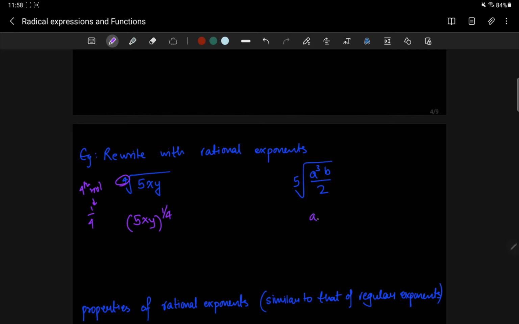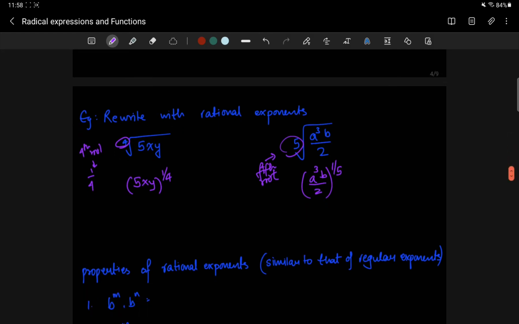This here is a cubed p over 2, and it's all raised to power 1 over 5 because it is the fifth root. So if you have the nth root, the power is going to be 1 over n when written as an exponent.